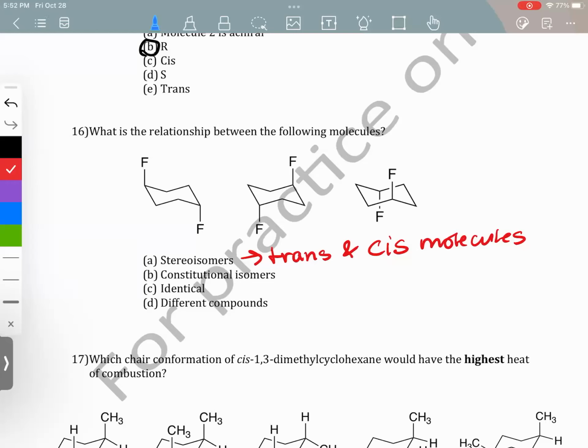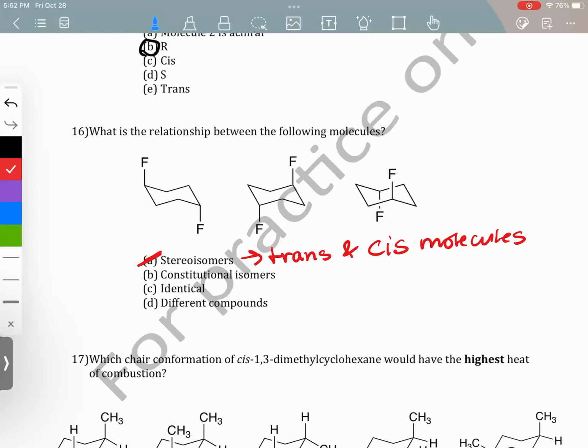No. All of the fluorines are facing opposite directions, so each one of these chair conformations is trans. Because it's only showing a trans conformation, it's not stereoisomers, because in order for it to be stereoisomers, one has to be cis and one has to be trans. And plus there are 3 molecules here, so they're not stereoisomers.